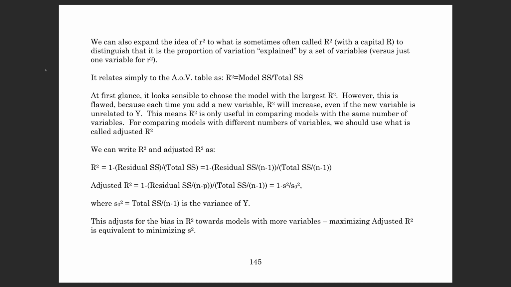Right, so this is in a way to adjust for some of the bias in r squared towards models with more variables, because you can see here that maximizing adjusted r squared is equivalent to minimizing s squared, right? So these two things are equivalent because s0 squared is fixed within our set of models, because that's just the variance of y. So what we're looking for is a model which has small s squared.